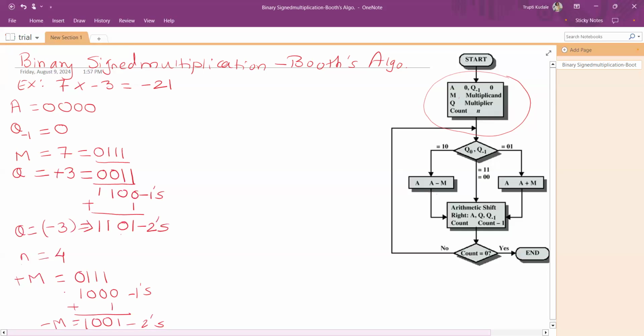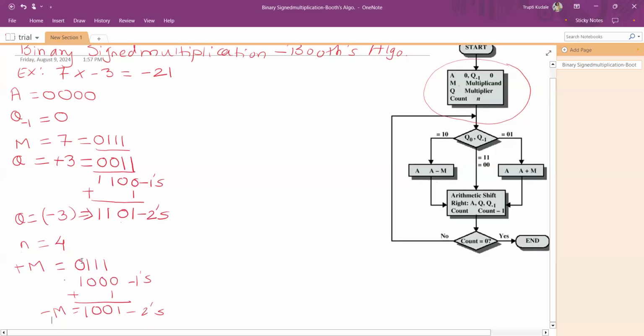So this is about the initialization, the initial steps to be written. Now we will see how to solve the example using this algorithm and how to proceed further. So this is the first step of initialization.